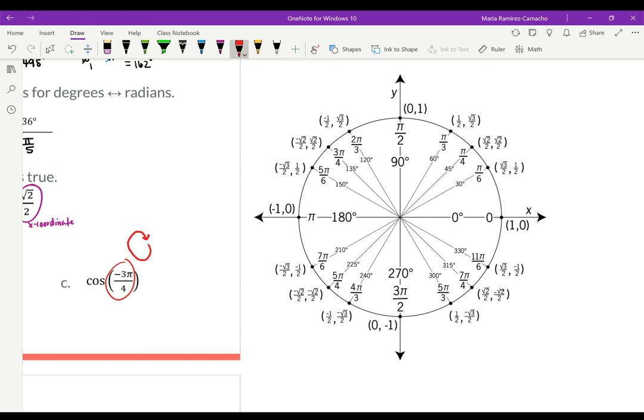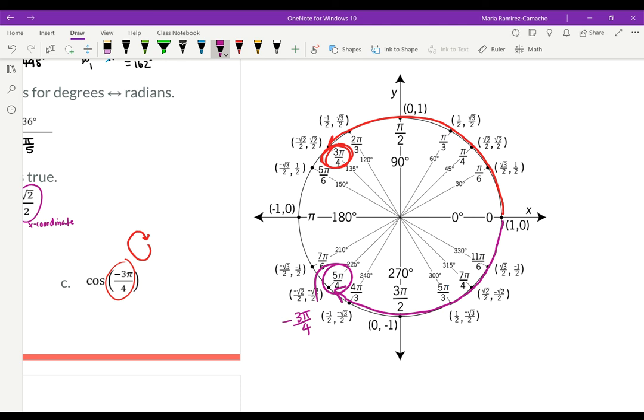So you'll see that 3 pi over 4 is right here. -3 pi over 4 would be the same rotation, just the opposite way. Notice that that's the same distance rotated around the unit circle, just in the opposite direction.